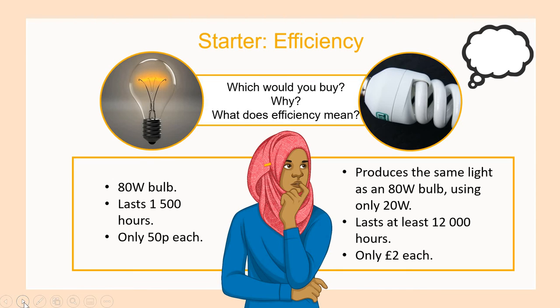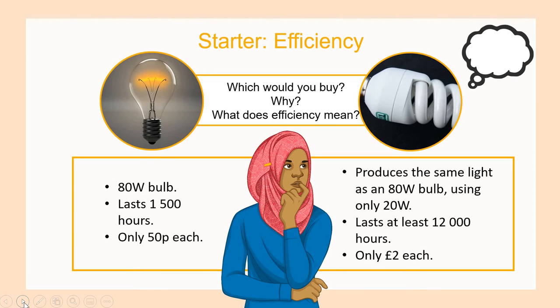Have a go at pausing the video and answering the 3 questions at the top using this information. So, personally, I would buy the light bulb on the right. Why? Because it lasts much longer than the light bulb on the left.